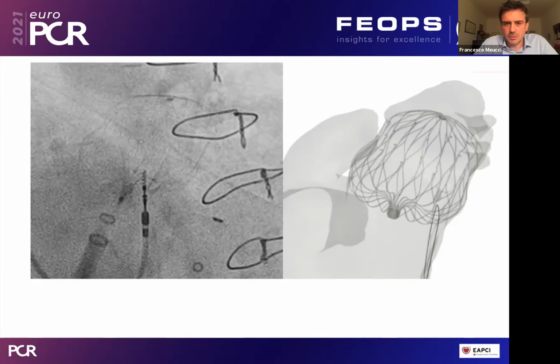Okay. So if you want to answer this poll, after these two cases, I have another wonderful case, but it will be another time. After this session, would you consider using computer simulation associated to CT scan if you had the opportunity? For sure, yes, no, or only for specific cases? Please answer, and then we will see if there is something new for you in this technology or not.